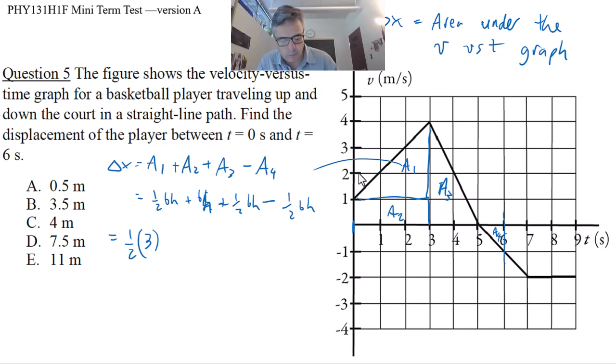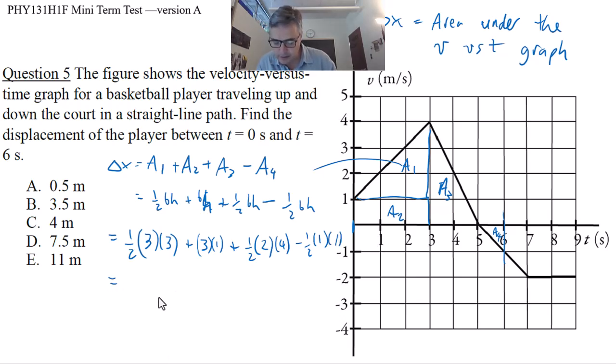And the height from 1 to 4 is 3 meters per second. Plus, just base times height, that's 3 seconds times its height of 1 meter per second. Plus, this thing over here, its base is 5 minus 3, so that's 1/2 of 2 seconds. And its height is 1, 2, 3, 4 meters per second times 4. And then minus, this is just a 1 by 1, so it's 1/2 of 1 times 1.